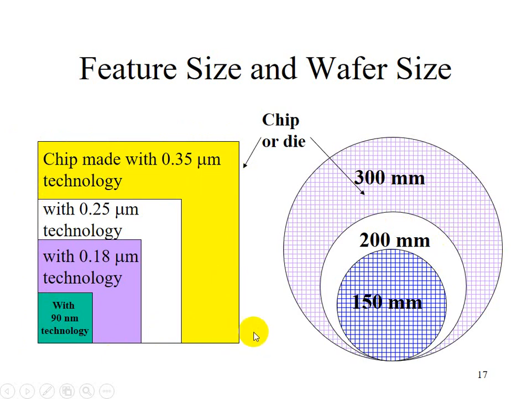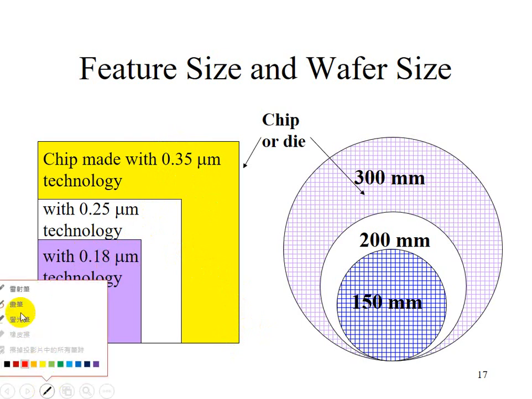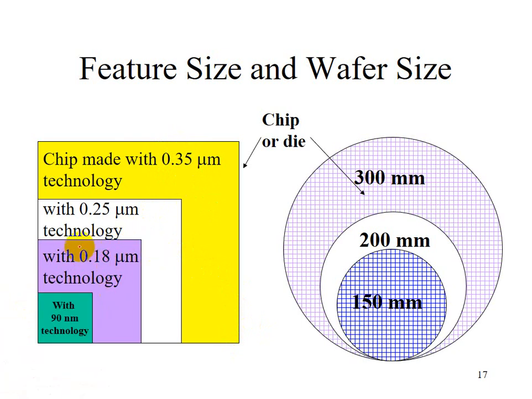But if you can reduce the feature size by about half, from 0.35 to 0.18, you can come up with a chip size of only about 1/2.